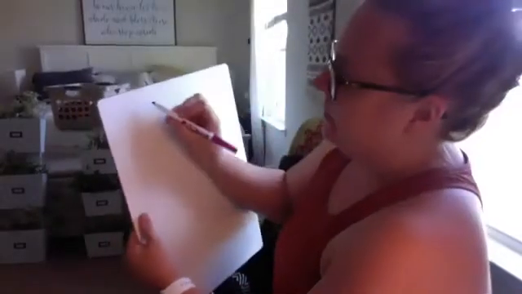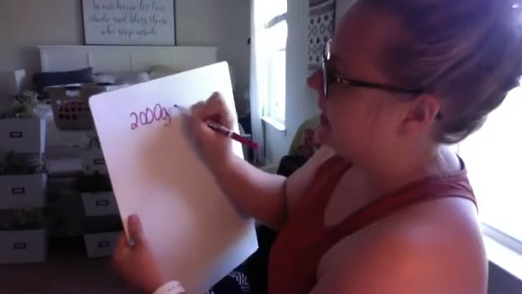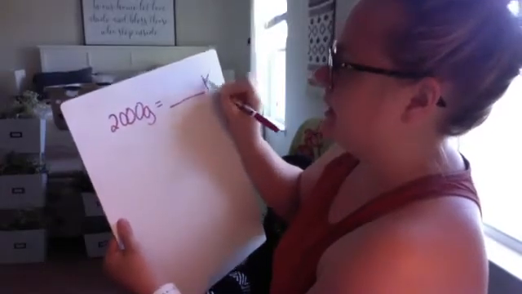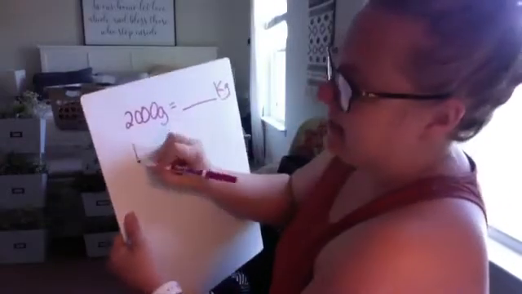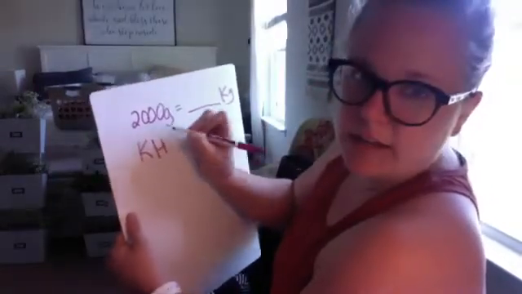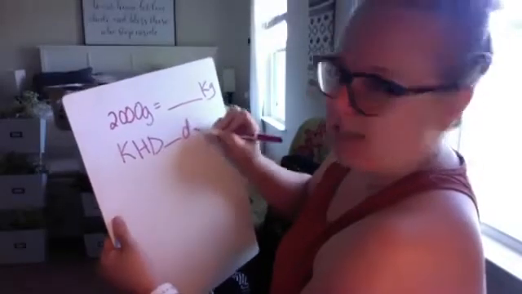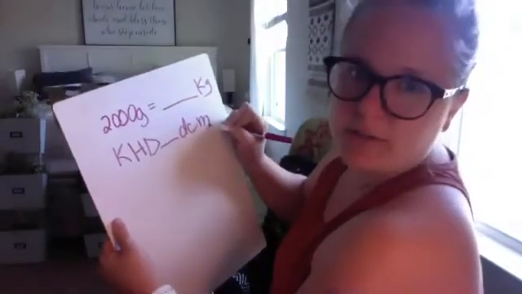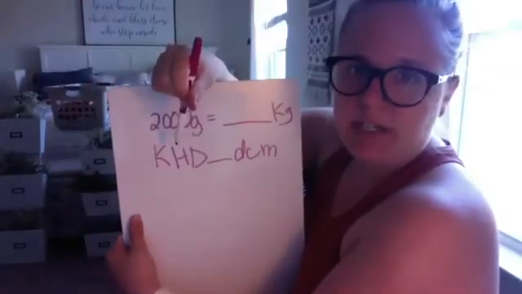If I have 2,000 grams and I want to convert to kilograms, I have this little saying: King Henry died blank drinking chocolate milk. That blank in the middle is for base units.